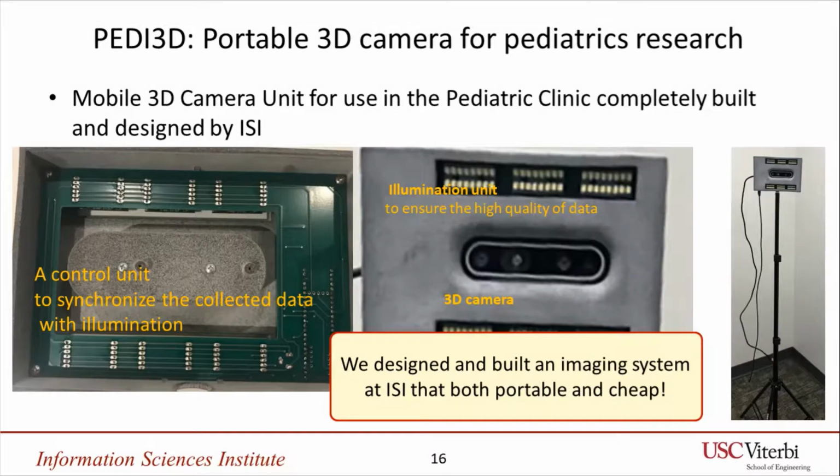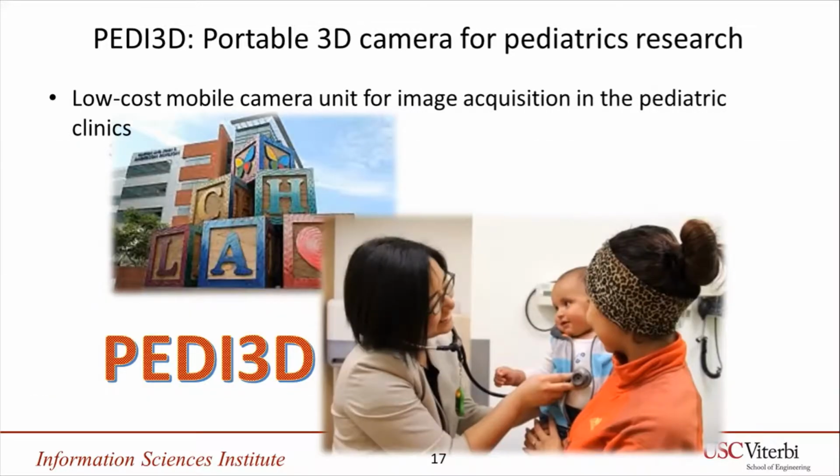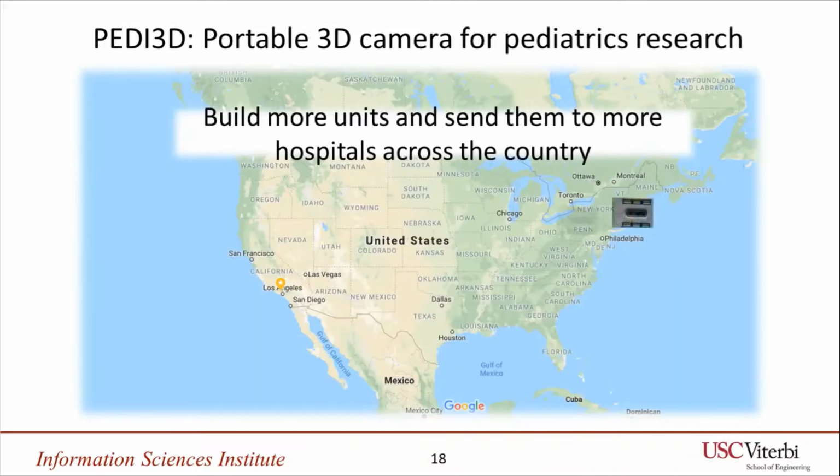It has an illumination unit to control the illumination, a 3D camera, and a control unit to synchronize the illumination with the collected data. Our goal is to take this portable camera to pediatric clinics and collect more data. We want to make more units of these and send them to more hospitals across the country.